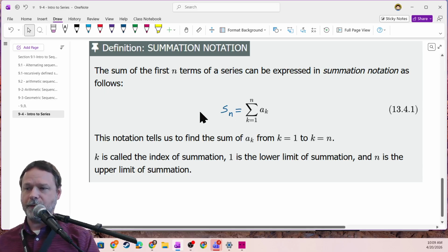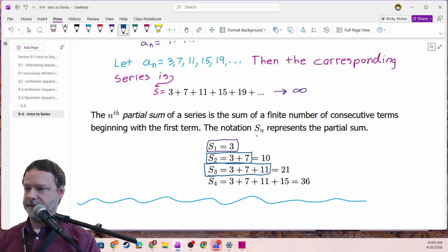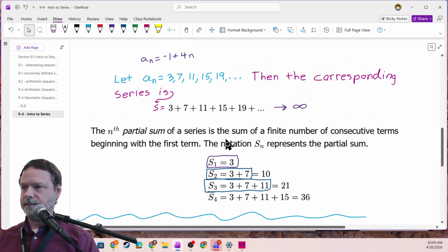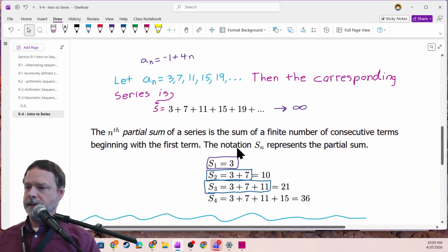So, for example, going back to these, we already know that the terms of the series in question can be represented using negative 1 plus 4n.